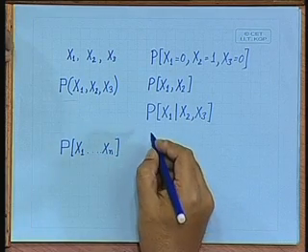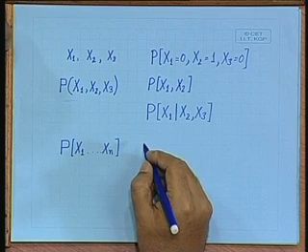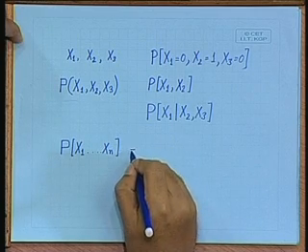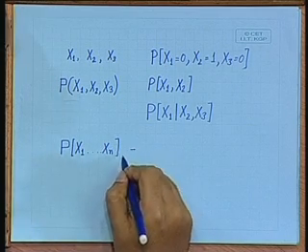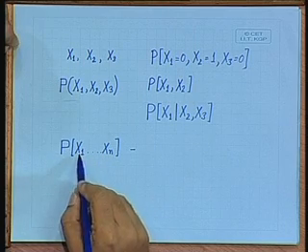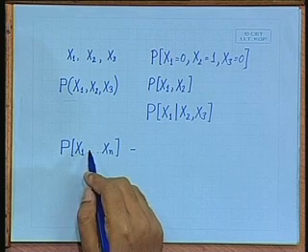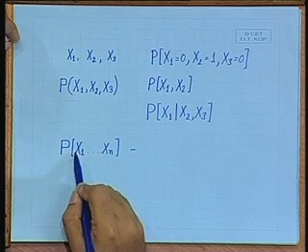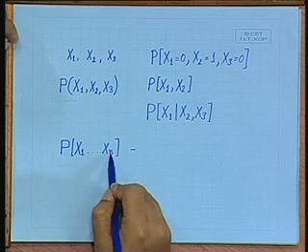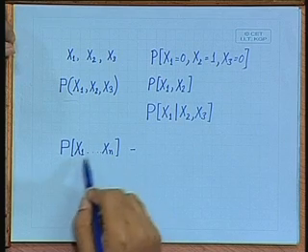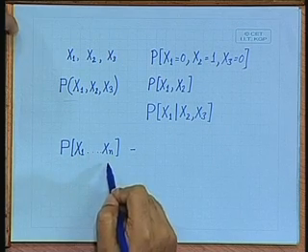It is going to be 2 to the power of n. Why? Because x1 through xn can take the values true or false, these are propositional variables. So, we can have a true or false set to each of them. So, the number of entries in the distribution table is going to be 2 to the power of n. This is an n dimensional table, and we will have 2 to the power of n entries in it.